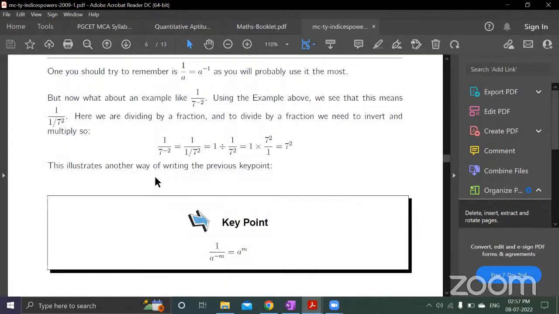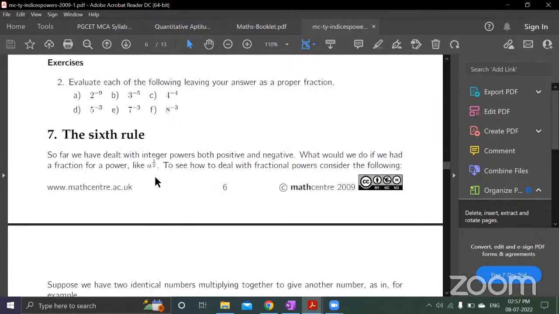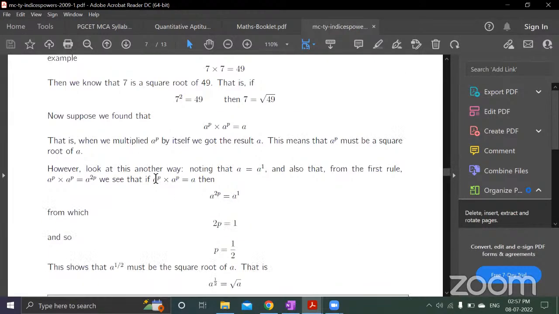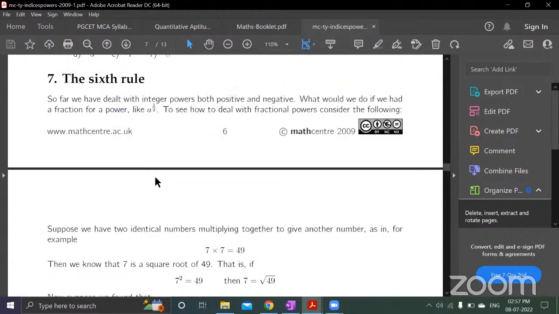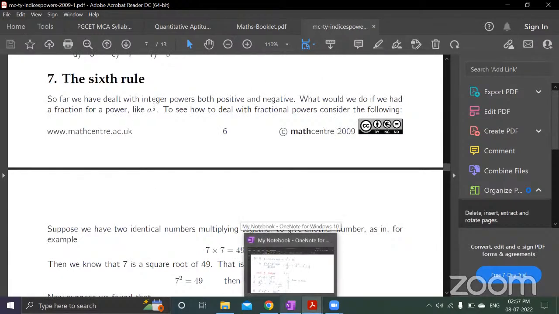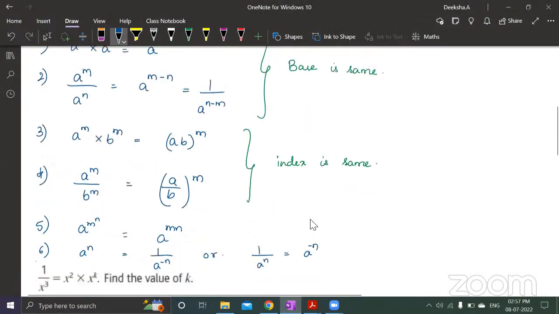Now let us solve some more questions. So that was the power of whole numbers. Now I told you about surds, that is, fractional powers. So what are surds?